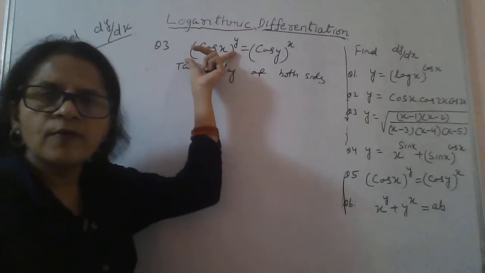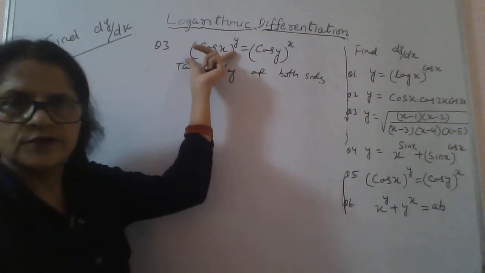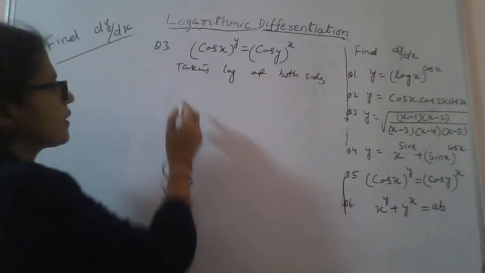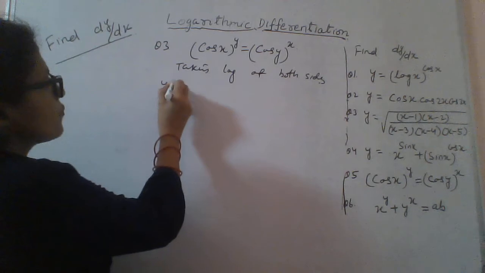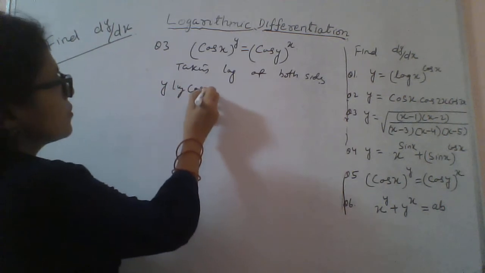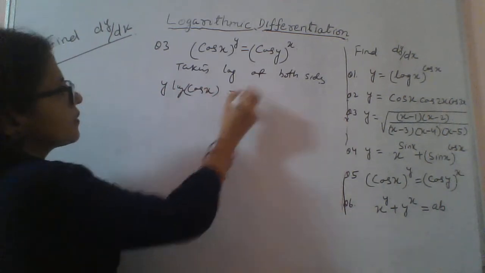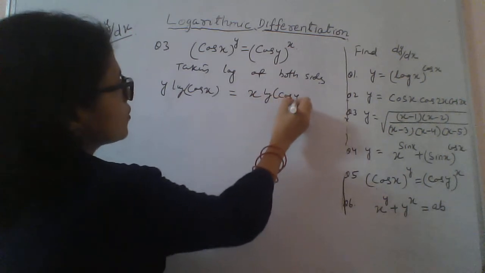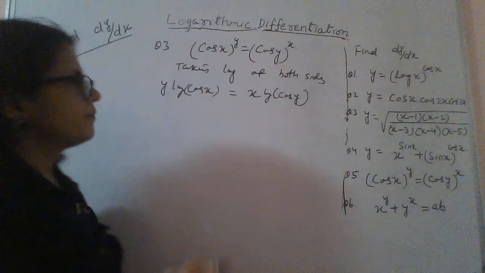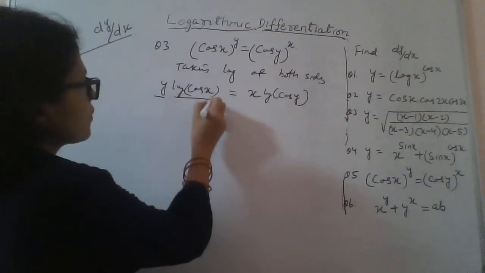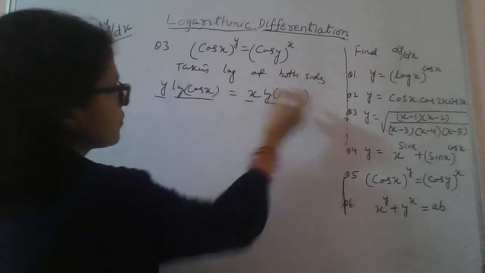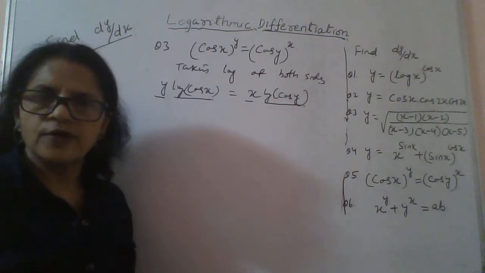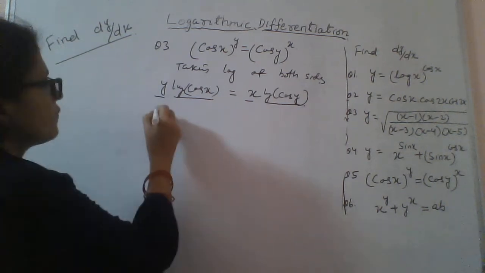It is in the form of f(x) power g(x), or m to the power n. Log m to the power n is n log m. So y log cos x equal to x into log cos y. Clear? Now you see y into log cos x equals x into log cos y. So on both sides we have a product of two functions.